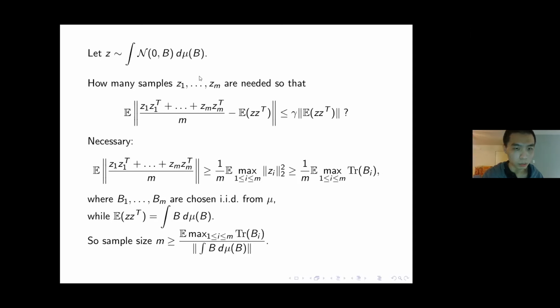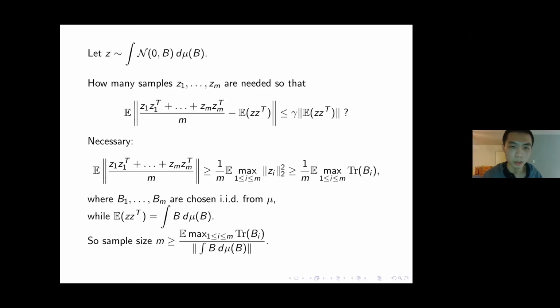So if M is the number of samples that satisfies this, then M will satisfy this. Now this is a bit circular because there's M here and M here, but this is a necessary condition. So if the sample size satisfies this, then the sample size will satisfy this. M has to be at least this number.